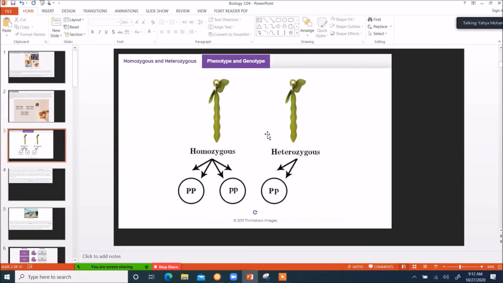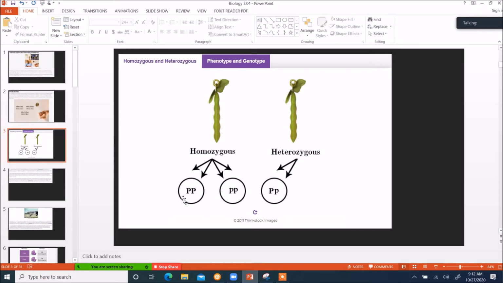From the mother, the plant could have gotten red or white flowers, and from the father, red or white flowers. Each of those different possibilities is called an allele.